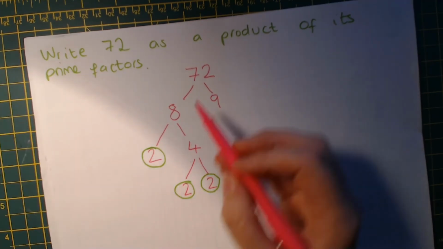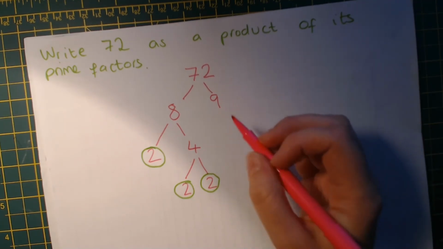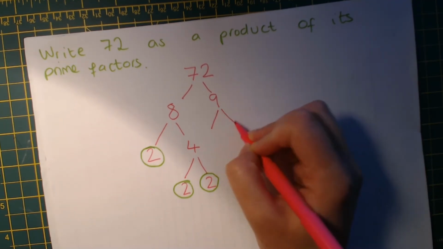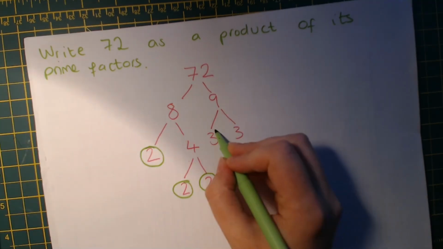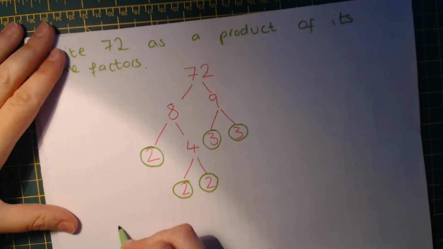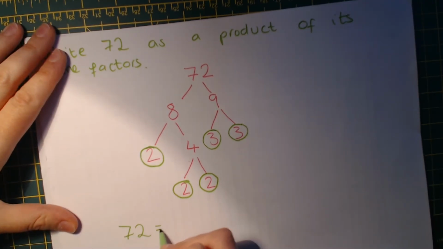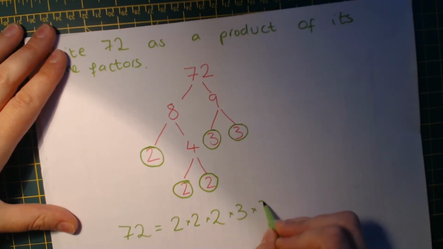We're going to go back up to the top and see if we've missed any out. So we haven't finished off this one, have we? And 9, actually quite a nice one, becomes 3 and 3 because it's a square number. So we're going to write our answer as 72 equals 2 multiplied by 2 multiplied by 2 multiplied by 3 multiplied by 3.